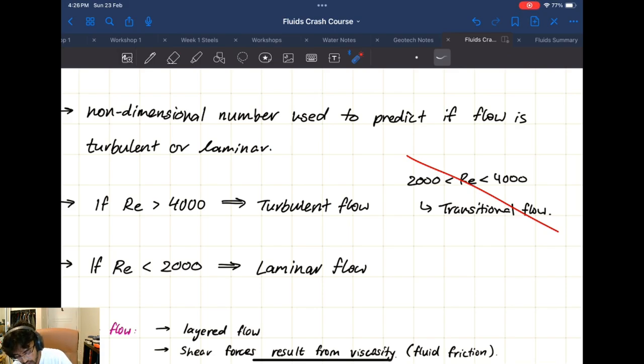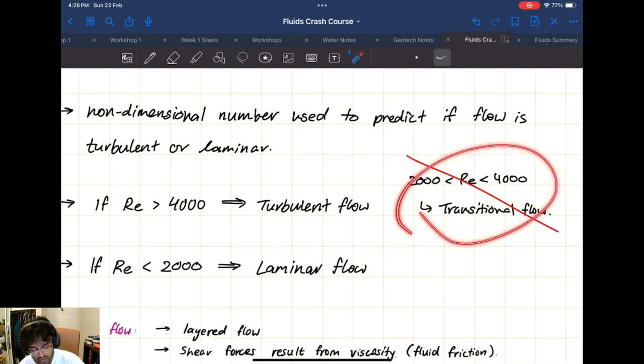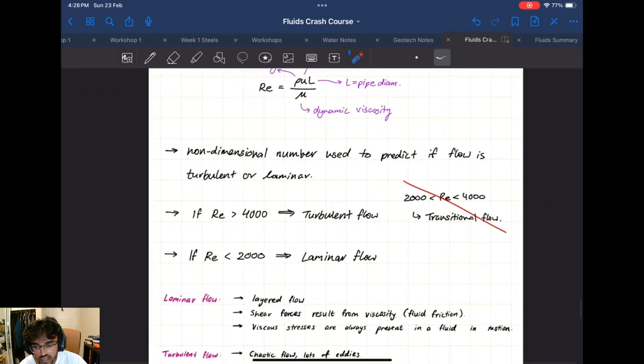So mainly we care about turbulent flow and laminar flow. And in questions, it will most definitely be laminar flow or turbulent flow. If you get transitional flow, then GG, unlucky.